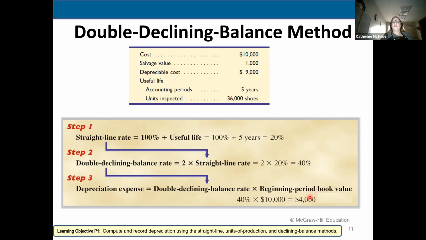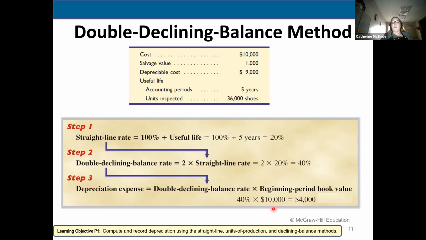Now the book value at the beginning of the year changes every year because the book value is the cost, the $10,000, minus whatever depreciation has accumulated. So it's the cost minus the accumulated depreciation. So this amount is going to change every year.